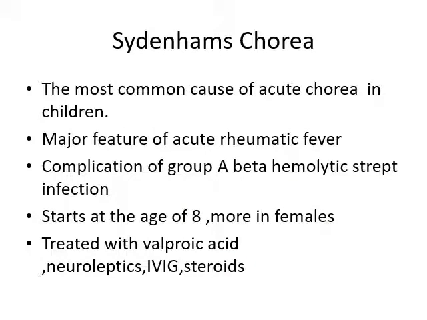The first and most important is Sydenham's chorea. It's the most common cause of acute chorea in children. It occurs with acute rheumatic fever, so we call it Sydenham's chorea or rheumatic chorea. It's a complication of group A beta hemolytic strep infection.